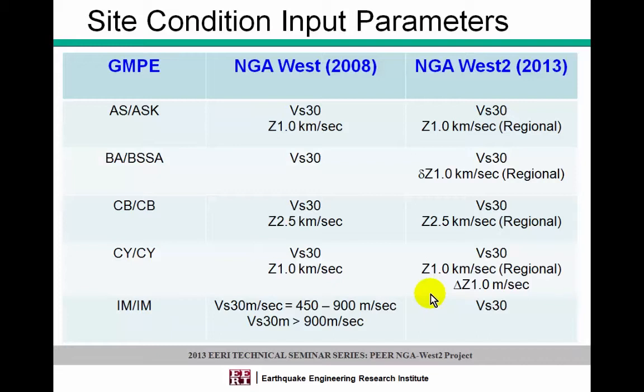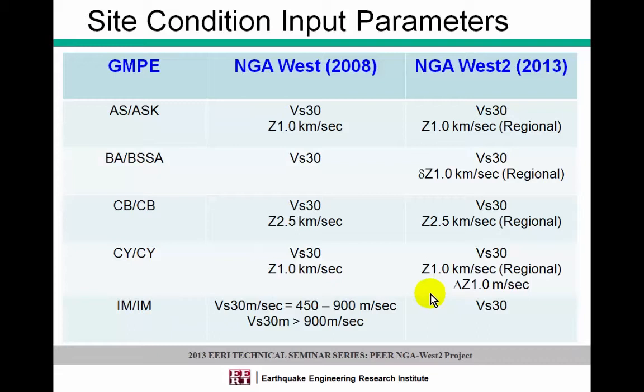He now has a linear term on VS30 values, so you would no longer get the same predicted ground motions for those different VS30 values. He also has a limit on his model of 450 meters per second and greater. So again, if you're thinking to use the NGA West 2 models in your project or in your application, that's one of the things to consider: his model would not be applicable for a softer site.